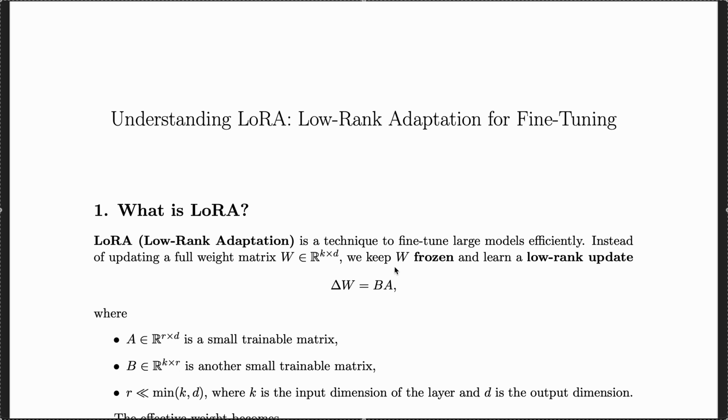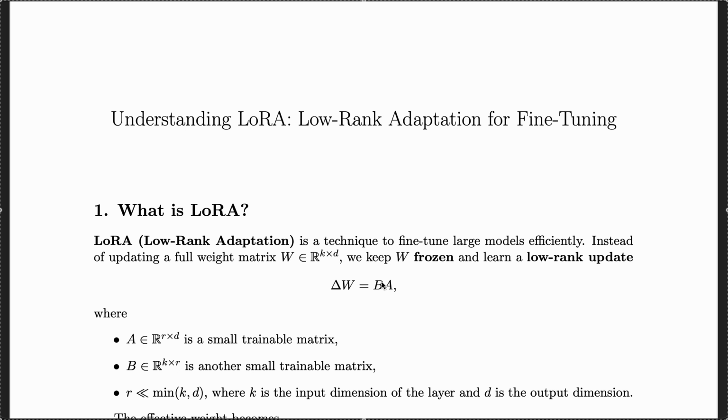Instead of calculating the gradients for all of the values in the weight matrix, we, for example in this scenario, break up W into two smaller matrices, B and A. And so whenever there are gradients that we need to calculate, we only calculate the weight updates for B and A, which are small matrices.